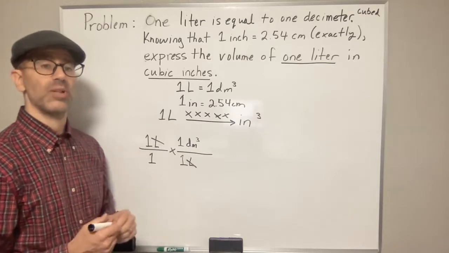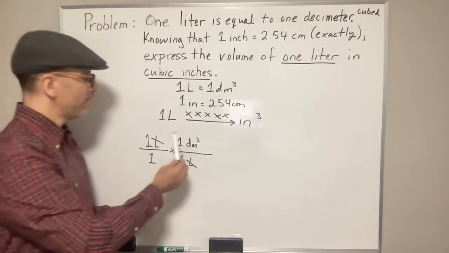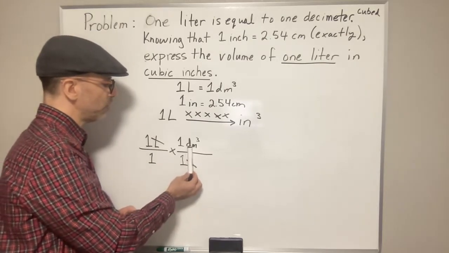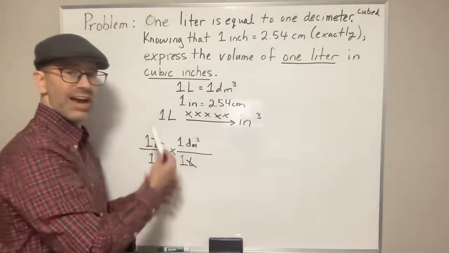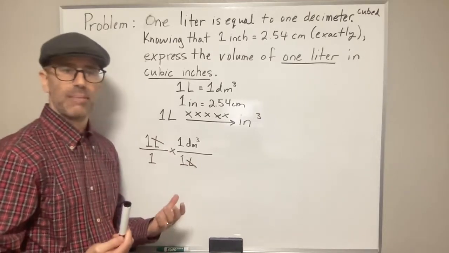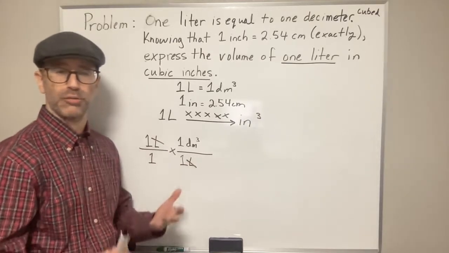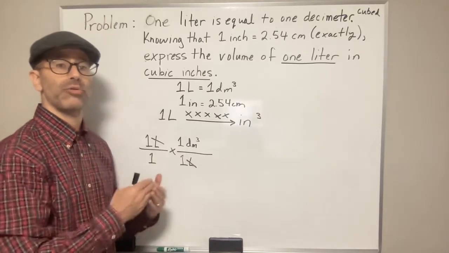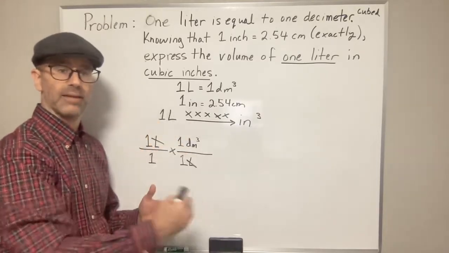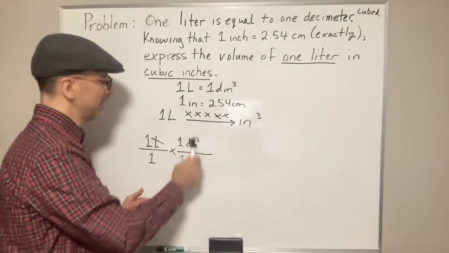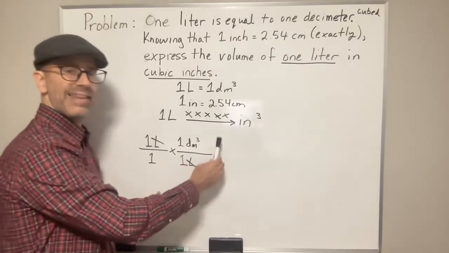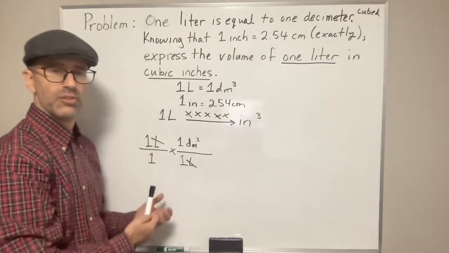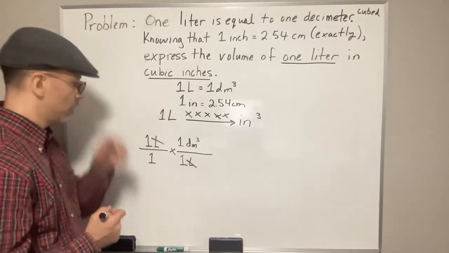If I knew the relationship directly between decimeters and centimeters, I could use that, but I don't know that off the top of my head. Not many people do. It's a lot easier for me to just go through the base unit as a middleman. So I'm going to convert decimeters to meters, and then use meters to convert to centimeters. It's a 2-step process, and so we'll do that.